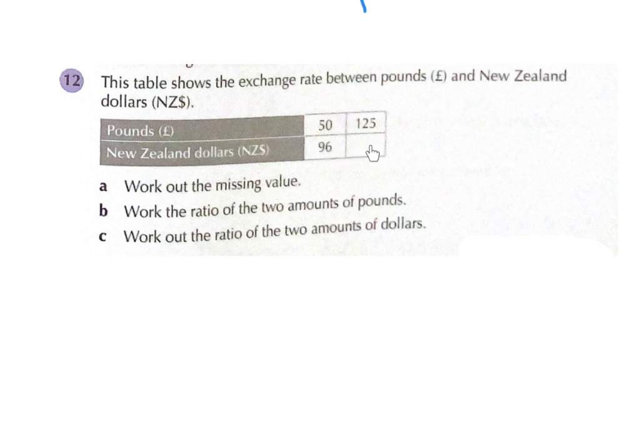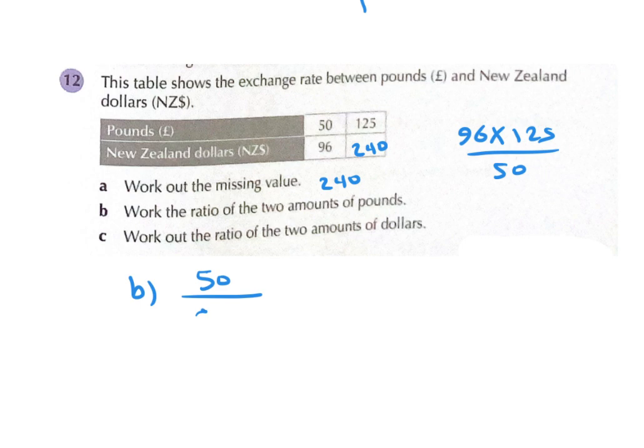You can do cross multiply. 96 times 125 divide by 50. 240. Okay. So this is the answer for A, 240. Now the answer for B, 125.